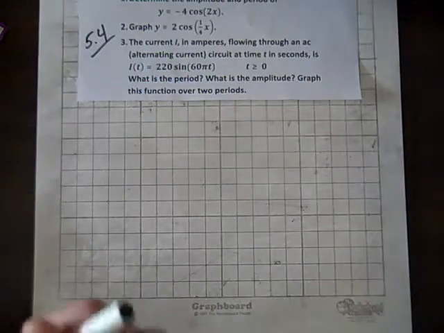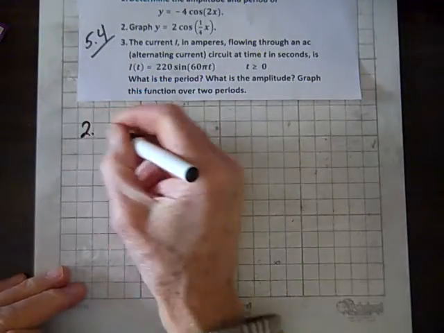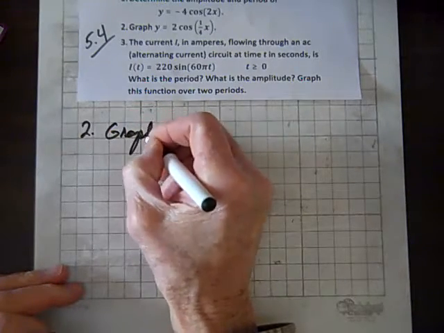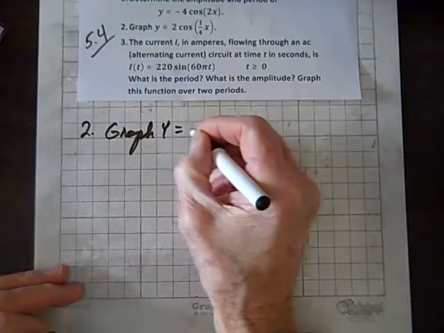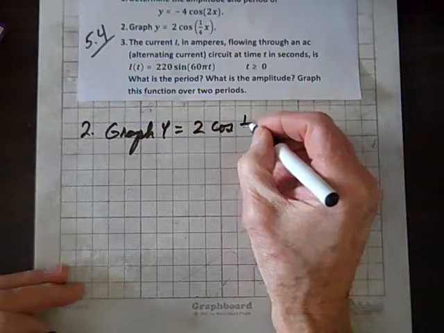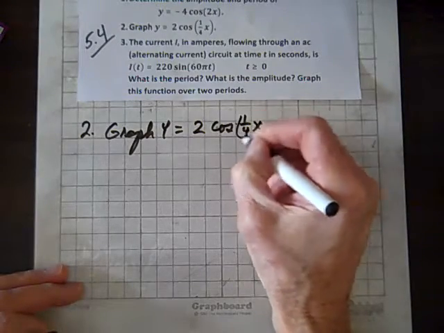And for number 2 it says we've got a graph, y equals 2 cosine of 1/4 x.